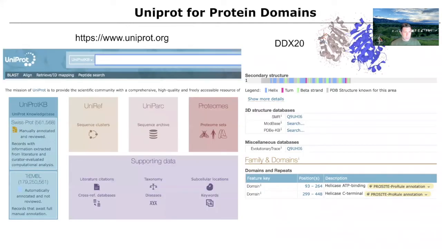There are lots of resources. When we're going through our analyses and you find a protein of interest, you can type, for instance, DDX20 into Uniprot. It'll give you a bunch of information: that it's a helicase with an ATP binding domain, and you can start to see a lot of these helix-turn, beta strand, DNA binding domains. But actually, DDX20 is also an RNA binding protein.